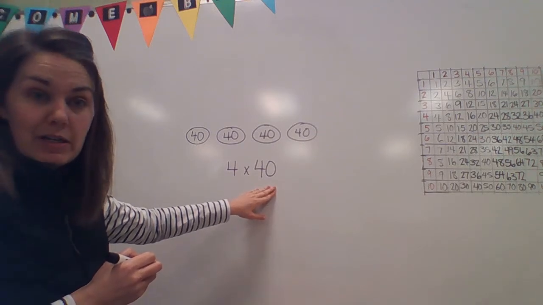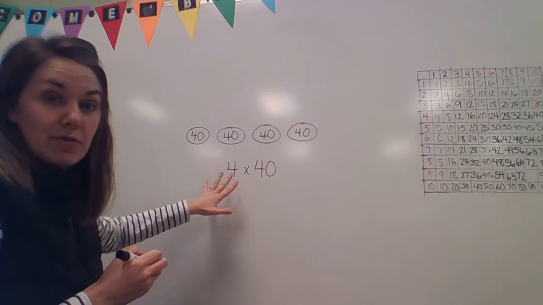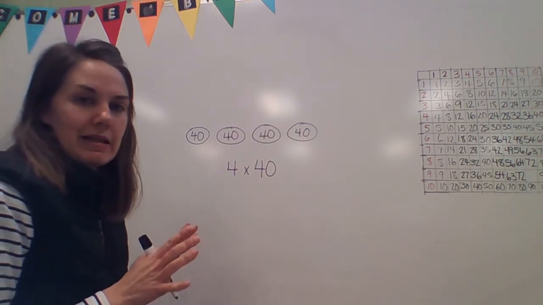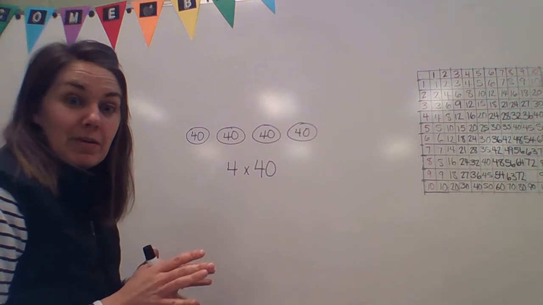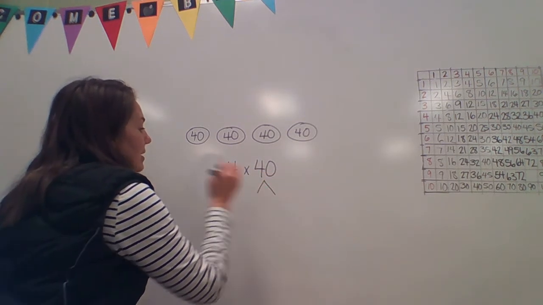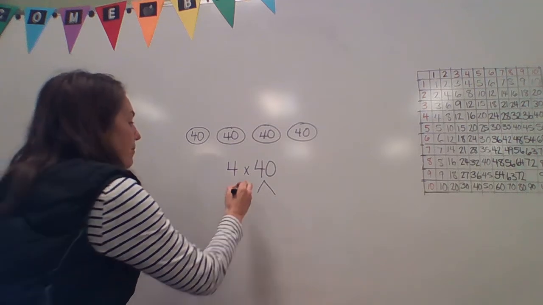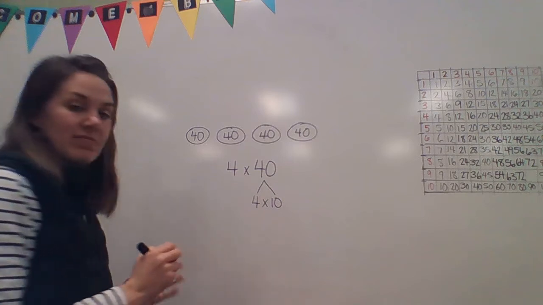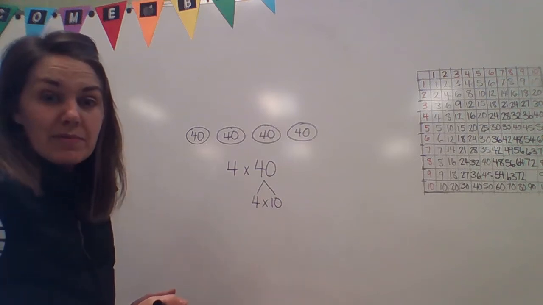So if I wrote it out as my numbers, I could write it as the equation 4 times 40. But I see that 40 and I go, ooh, I don't like that. That's too big. I want to simplify the problem and make it easier. So I'm going to think about my 40 as 4 times 10, right? Or 4 tens.